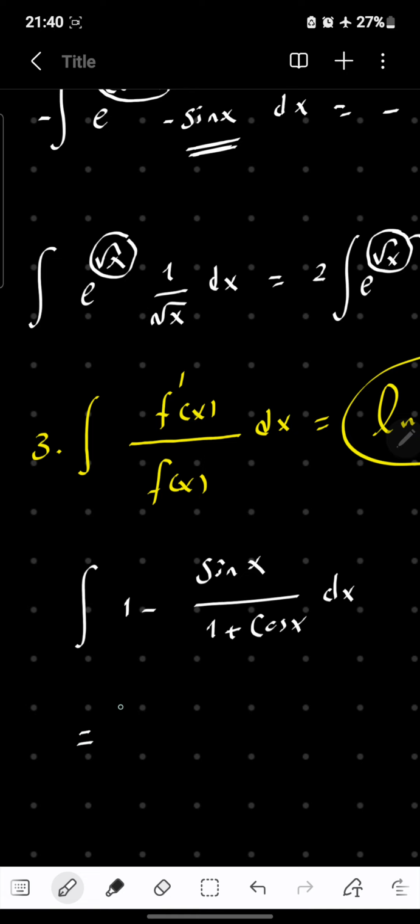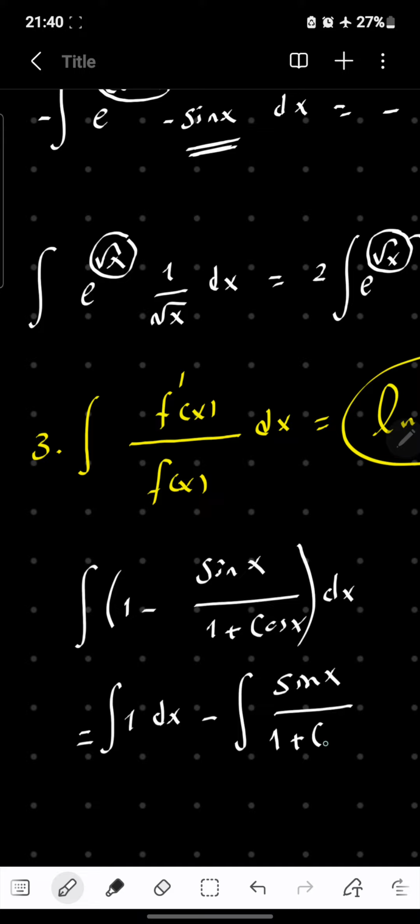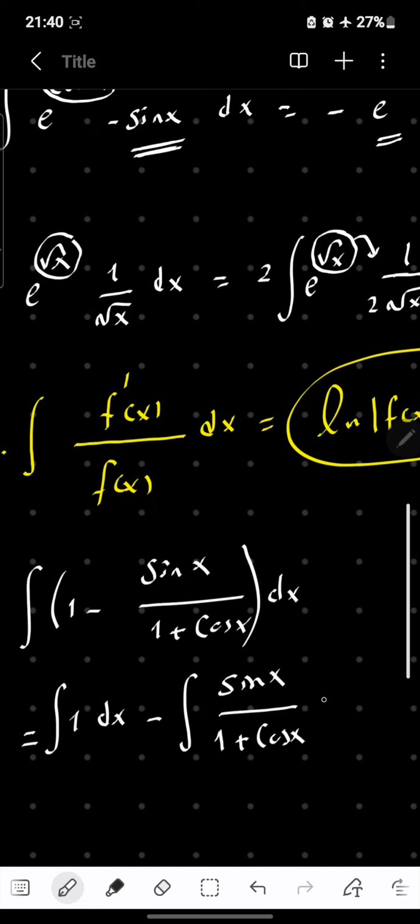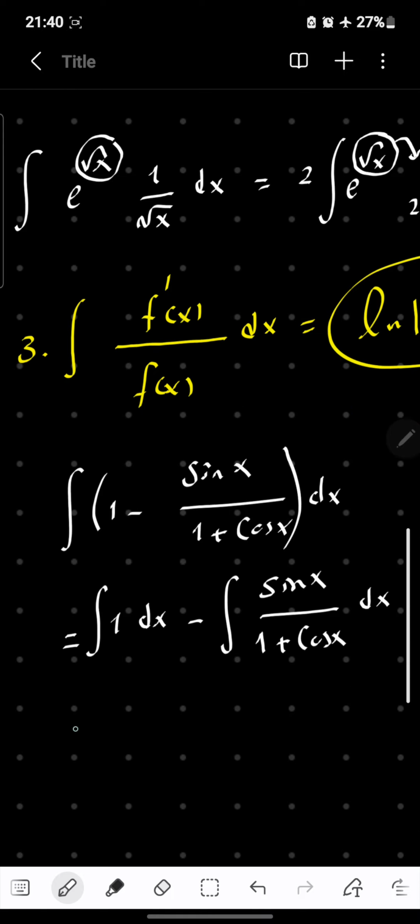Here what will you do? We can split the integral into 1 dx minus sine x over 1 plus cosine x dx. So the integral of 1, what is the function whose derivative is 1? It's x minus, and you can apply the fraction rule here.